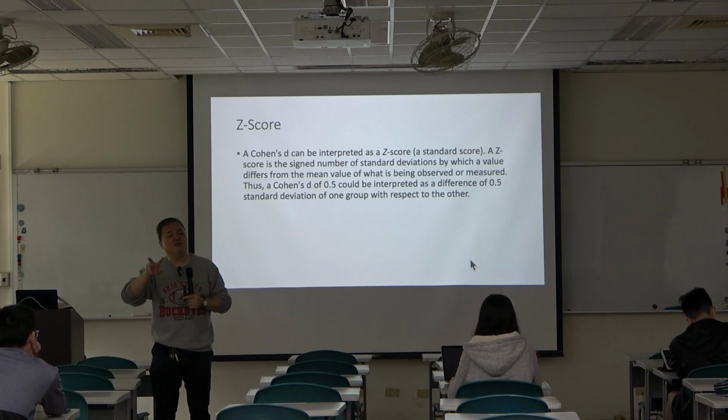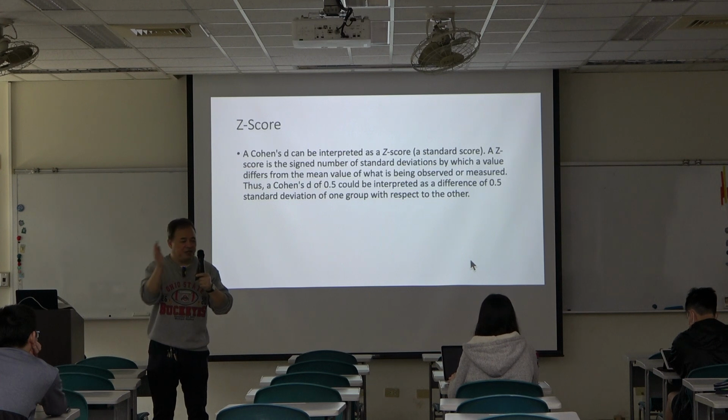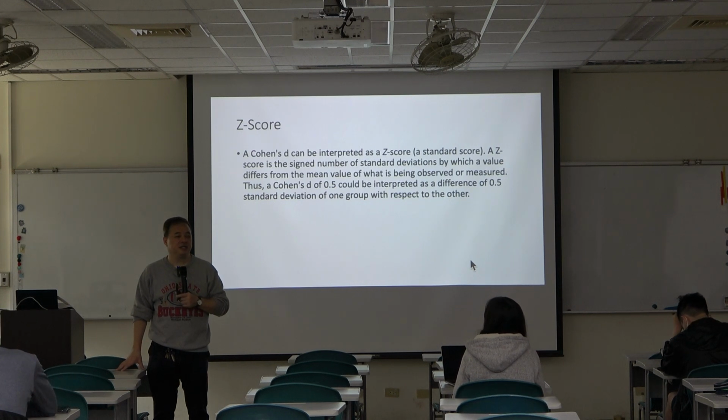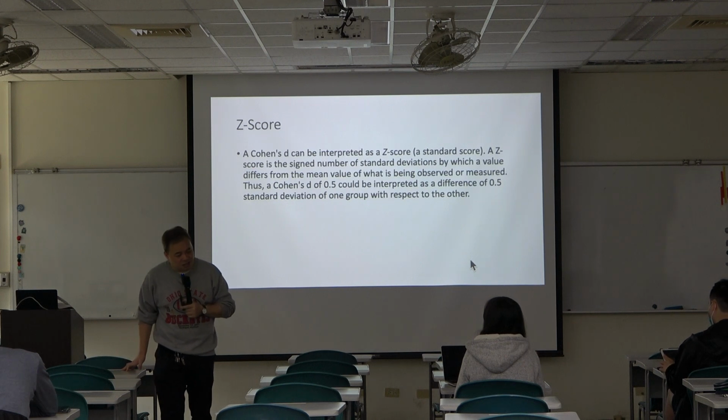How far away do you consider these two values? You just consider the distance of these two values divided by the standard deviation of the distribution. If the difference is only maybe 0.1 standard deviation, that's not much. But if the difference is 1 or even 2 standard deviations, that's considered a lot.